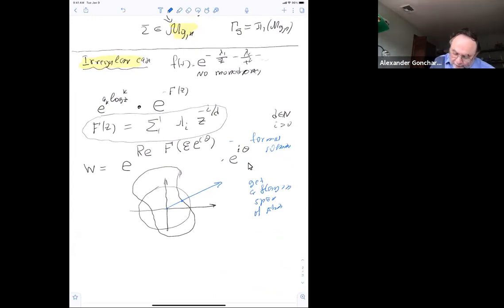When you change the ray slightly, the flag changes continuously, but then it jumps at the crossing point. So there are some jumping rays where the situation changes. If there are finitely many of them, then on all other rays you see some filtration. So you have a collection of flags, and it turns out that your topological data is described by this collection of flags. This is basically the Stokes data.